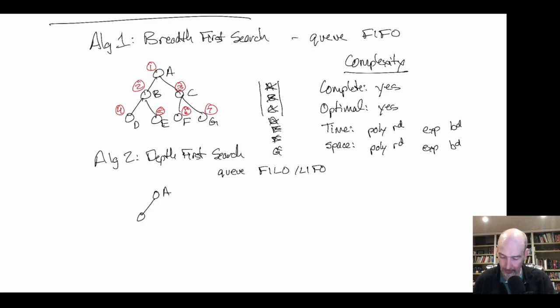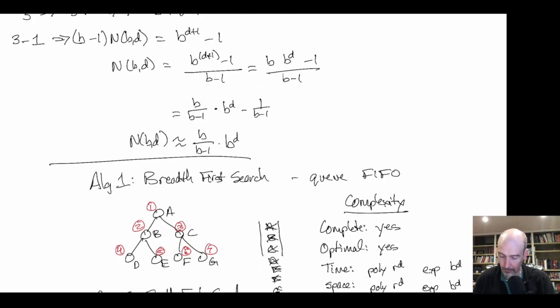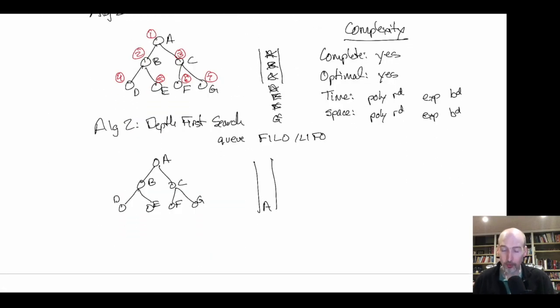So we have our same states here, A, B, C, D, E, F, and G. And now we're going to start by putting A at the front. Actually, because we're going to be pushing them on and pulling them off, we're going to put A on here.